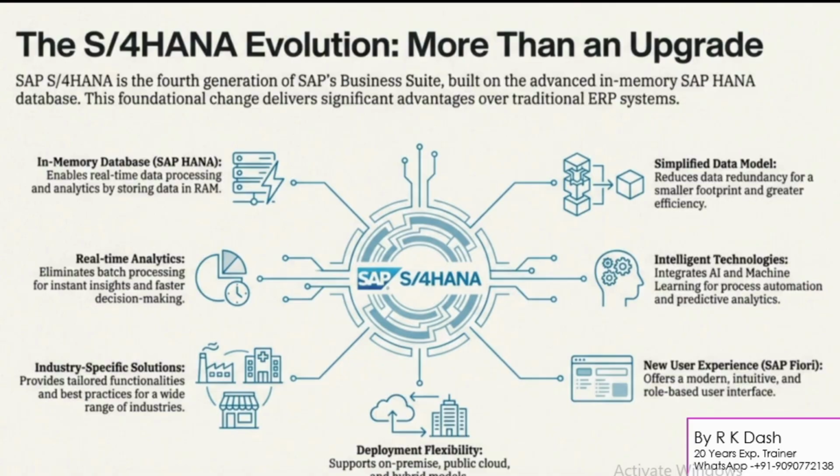You can have multiple data sets from prior years, yearly data, monthly data or six months data. So you can have that real-time analytics also, so that you are able to take immediate decisions.